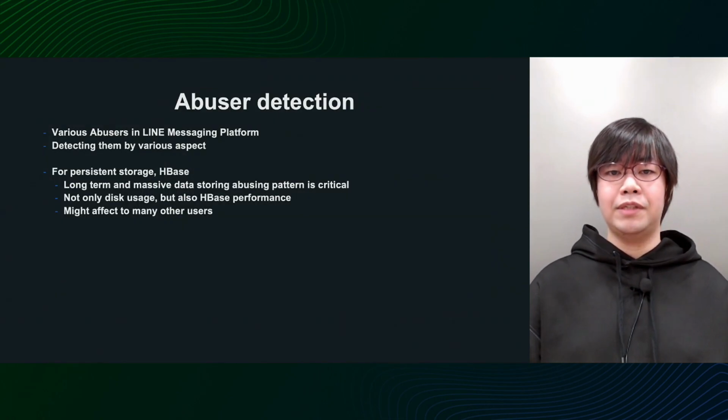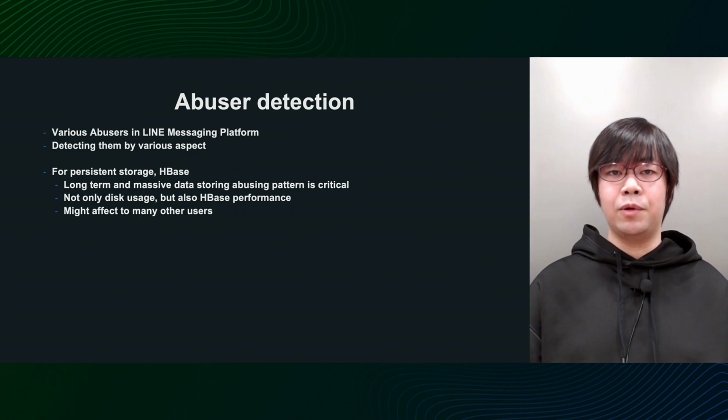The fourth use case is abusive user detection. There are a variety of abusive users on the LINE messaging platform. We are detecting these abusive users from various perspectives. In particular, in terms of the persistent storage, HBase, the pattern of rogue users that generate large amounts of data over a long period of time is critical.